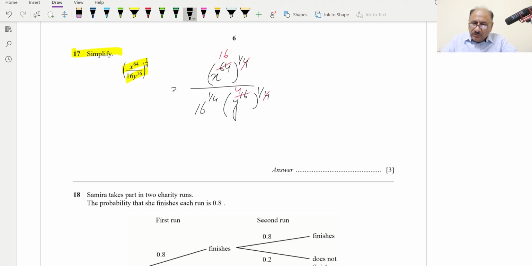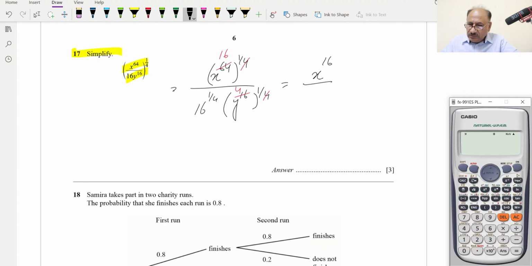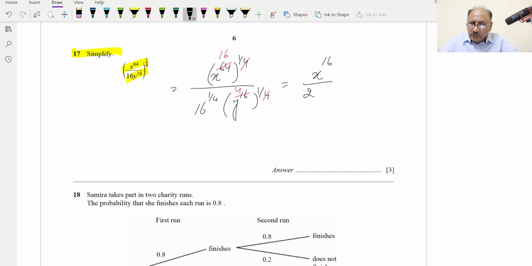Now we can calculate: x raised to 16 over 16 raised to the power 1 over 4, which will be equal to 2, so 2y raised to the power 4. This will be the final answer which we can provide over here, x raised to 16 over 2y raised to the power 4.